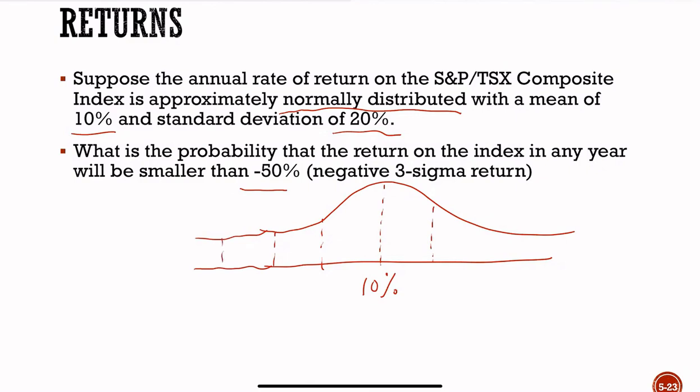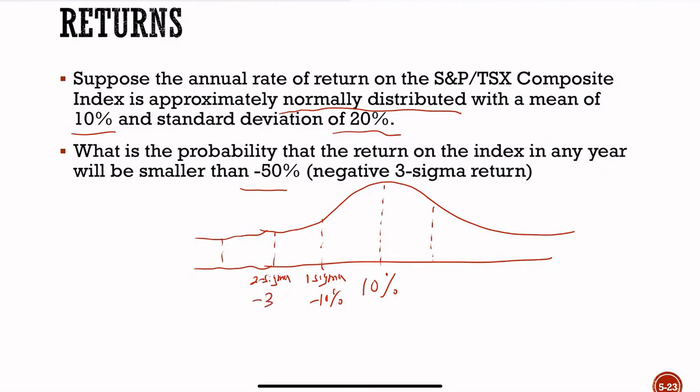And then you will have this minus 1 sigma return, okay, I'll use 1 sigma. So it should be 10 minus 20%, right? So it's minus 10%. So 2 sigma return is 10% minus 2 times 20%.